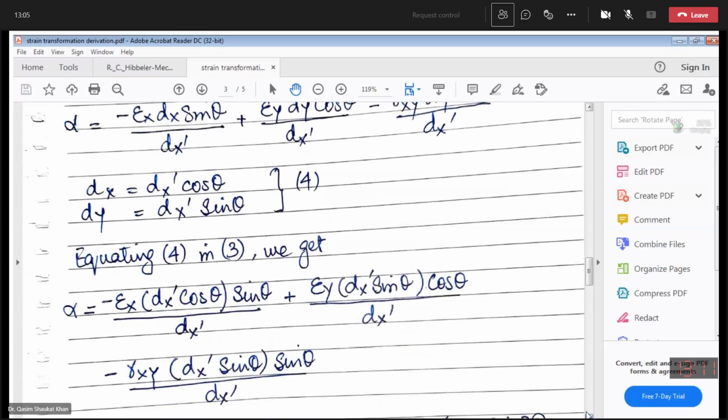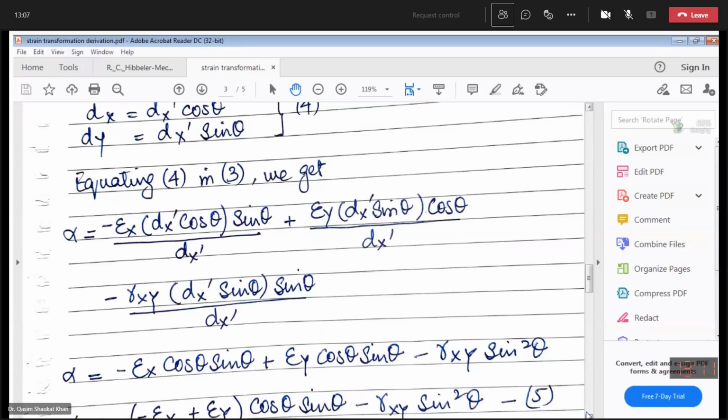And once you will simplify alpha, so minus epsilon x dx dash cos theta sin theta over dx dash plus epsilon y dx dash sin theta cos theta over dx dash minus gamma xy dx dash sin theta into sin theta over dx dash.